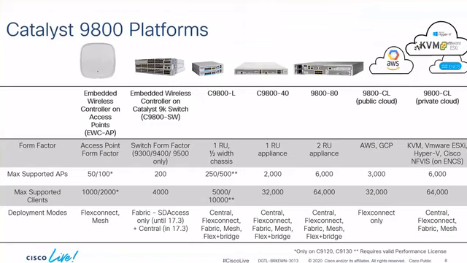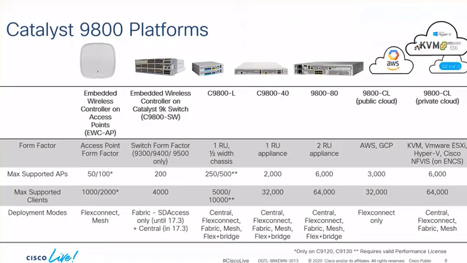Now, all of these different form factors can be categorized into 3 main hardware architectures. This slide gives you a view into the different form factors along with some scale numbers.